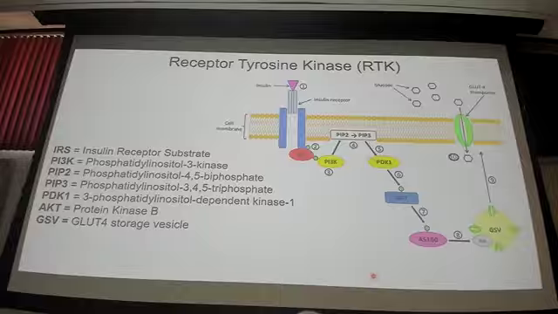More than knowing the steps, I would focus on knowing the names of the substrates involved and that they are involved in this pathway. Does that make sense? I think so.